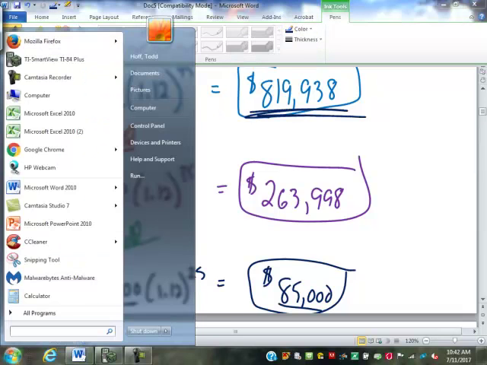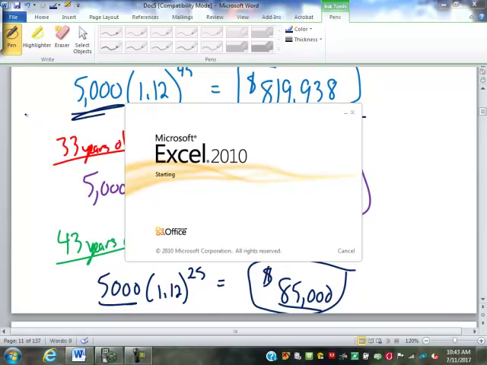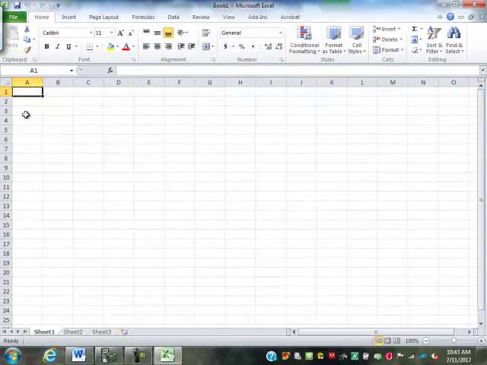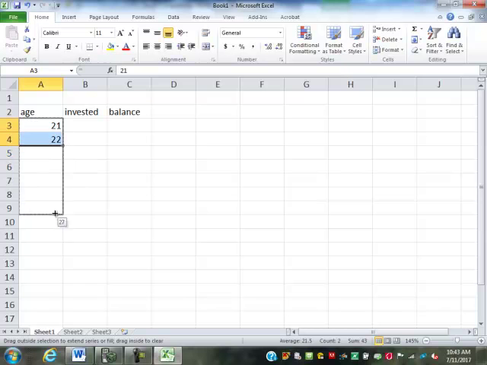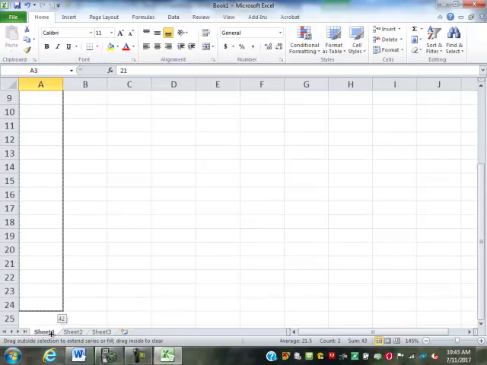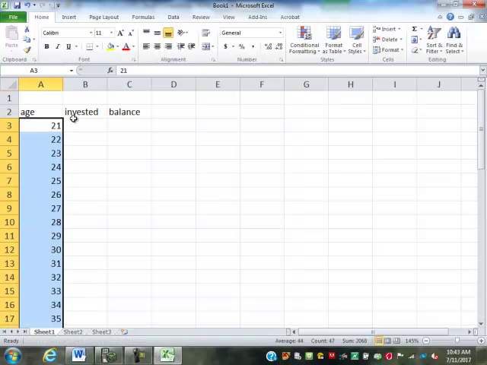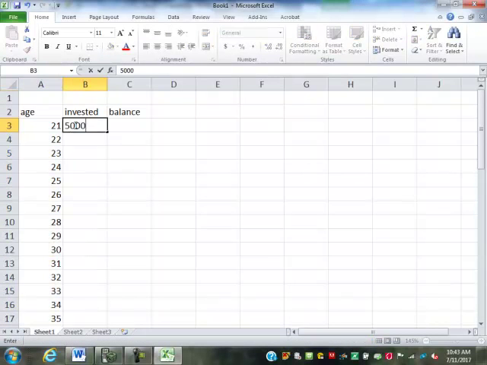Here, I'll show you this just because I think it's fascinating. So, I mean, youth is when you're looking at investing, youth is so important. So let's look at your age. Let's start out at 21. And we'll take this up to 67. Right there. Let's invest that $5,000 a year.